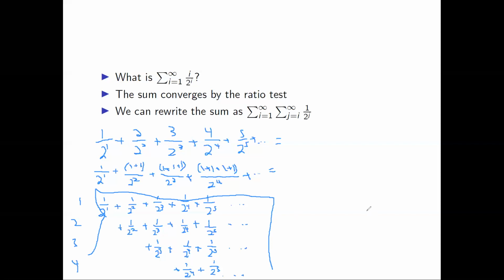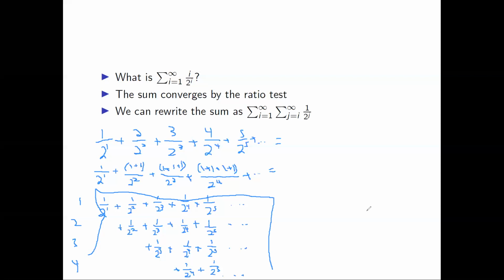The ith line of that is equal to the sum from j equals i to infinity of 1 over 2 to the j. So when we add up all the lines of this sum, we get the sum from i equals 1 to infinity of the sum from j equals i to infinity of 1 over 2 to the j.